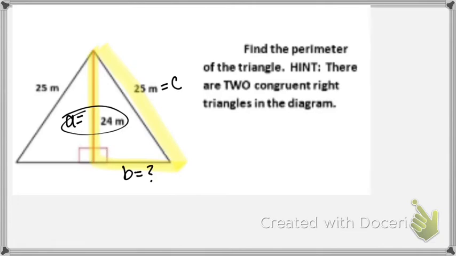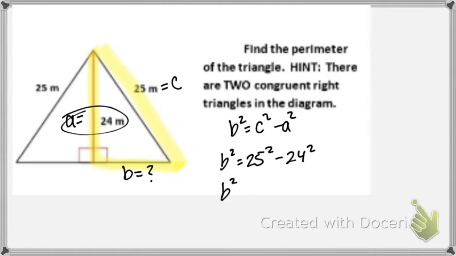The hypotenuse is always across the 90-degree angle. Okay, so I'm going to use the converse B squared equals C squared minus A squared, because I want to know what B is. So let's go ahead and put our numbers in. I don't know what B squared is. C squared is 25 squared, minus 24 squared. If you have a calculator that lets you do 25 squared minus 24 squared all together, use it, please.